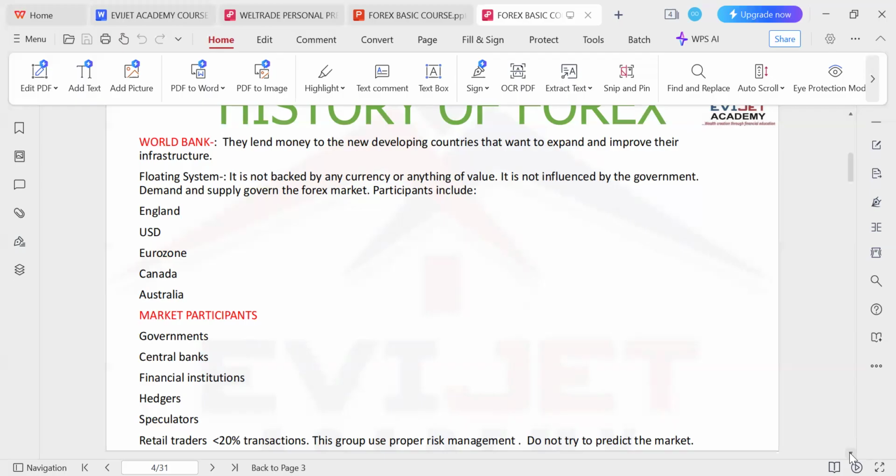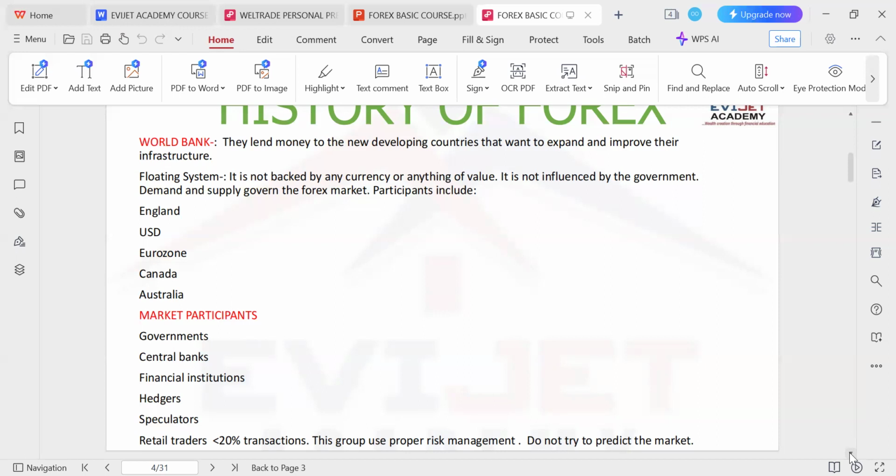So people like us, we use proper risk management because we do not dictate what happens in the market. We don't know where the market is going to go. That's why we need the knowledge of the history that the candlestick tells us about the market.